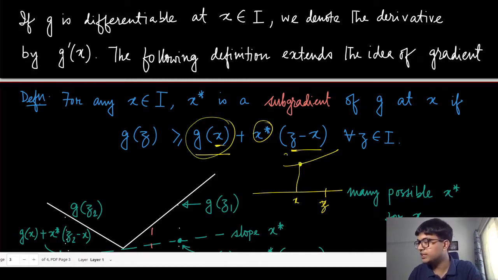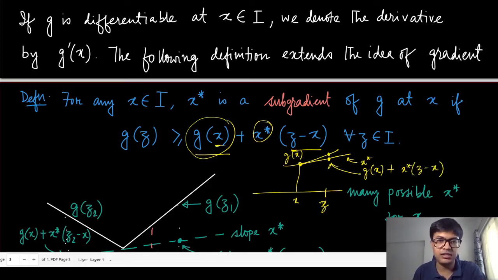and then add that on top of g of x. So g of x is nothing but this point here, and then we are taking a slope. The slope of this line is nothing but x star, and we are going to this point here. So this point is nothing but g of x plus x star times (z minus x), and that point should always be below the actual value of the function at that point.